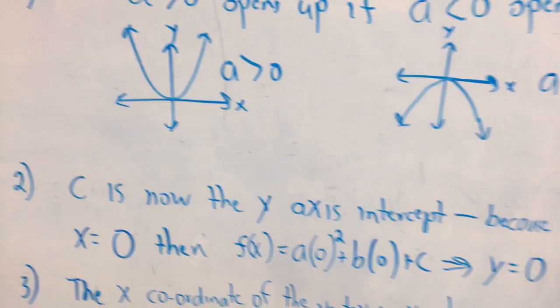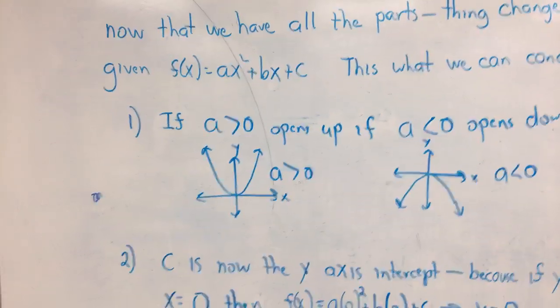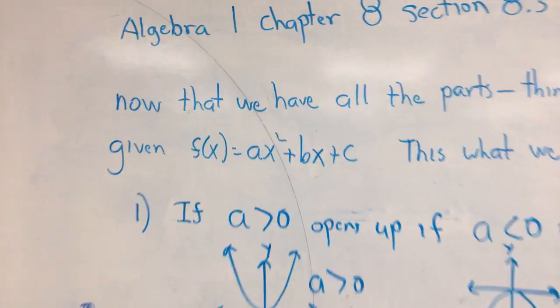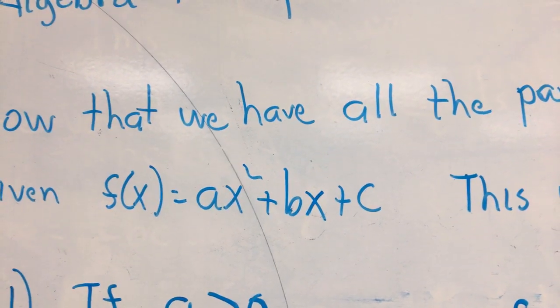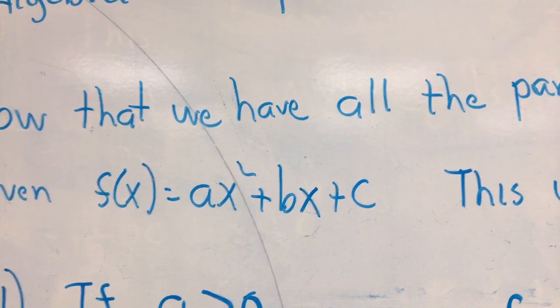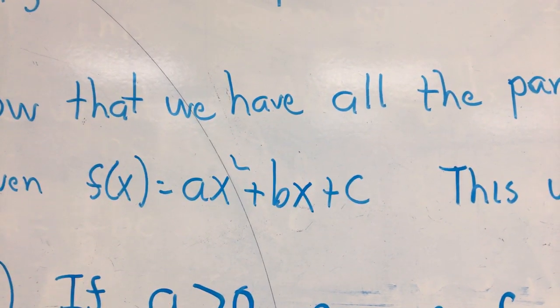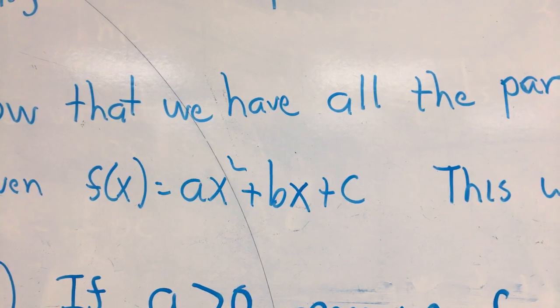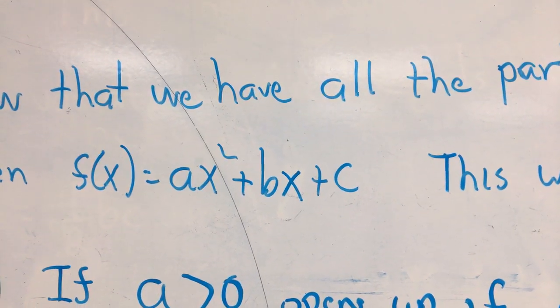All right. Now, c. If you take that general form of the equation, and I put a 0 in for x in the ax squared spot, and a 0 in for x where the bx spot is, well, 0 squared is 0, and a times 0 is 0, plus b times 0 is 0, and all I have left is c.